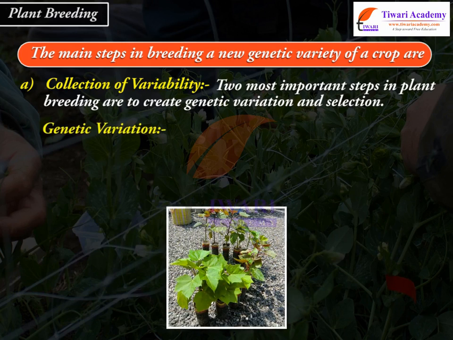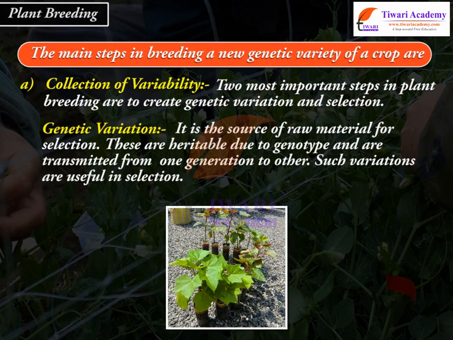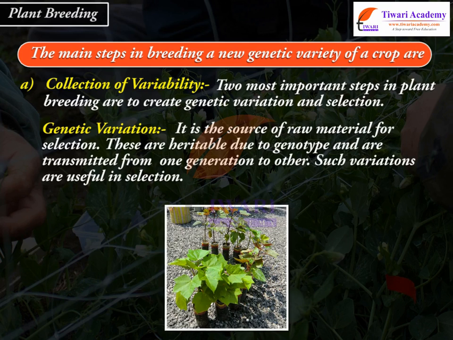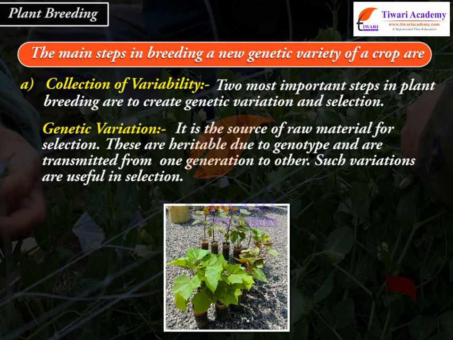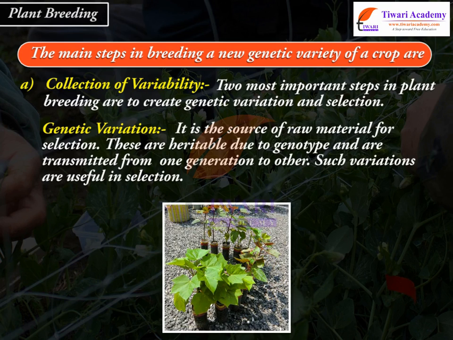Genetic variation is the source of raw material for selection. These are heritable due to genotype and are transmitted from one generation to another. Such variations are useful in selection.